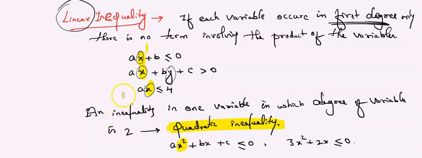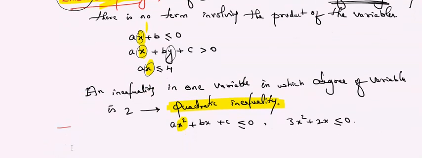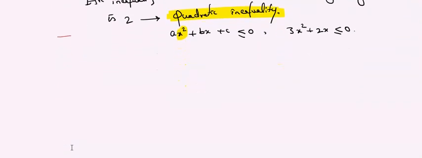Are you getting my point? So this is the difference between linear and quadratic inequality. Just remember: if the degree of the variable is 1, it is a linear inequality; if the degree is 2, it is a quadratic inequality.